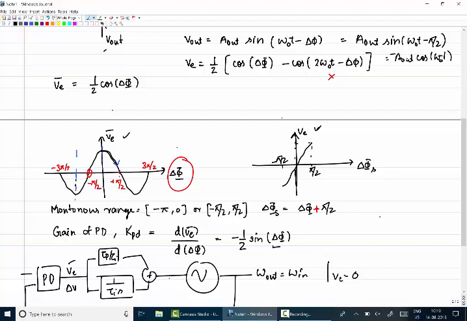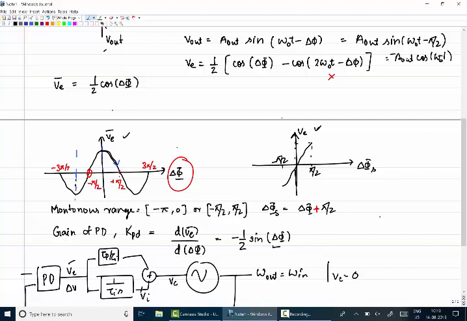If the free running frequency of the oscillator is the same as the input frequency, then I should get a negative component from the integral part, such that VC should be 0.